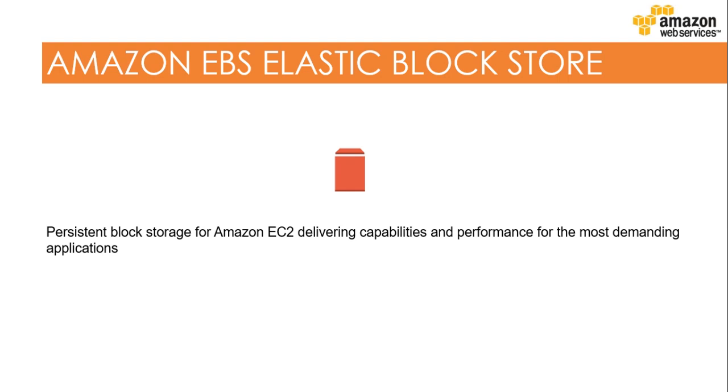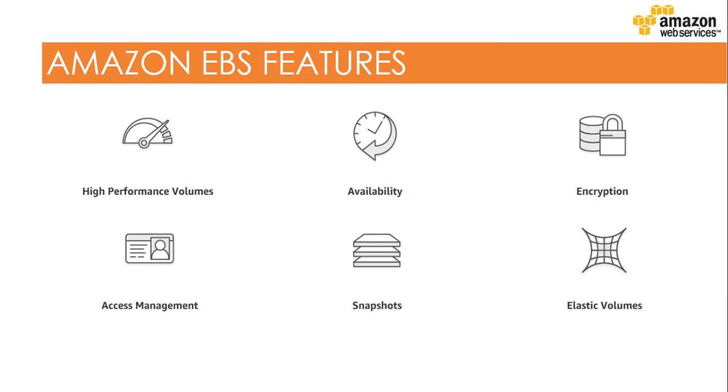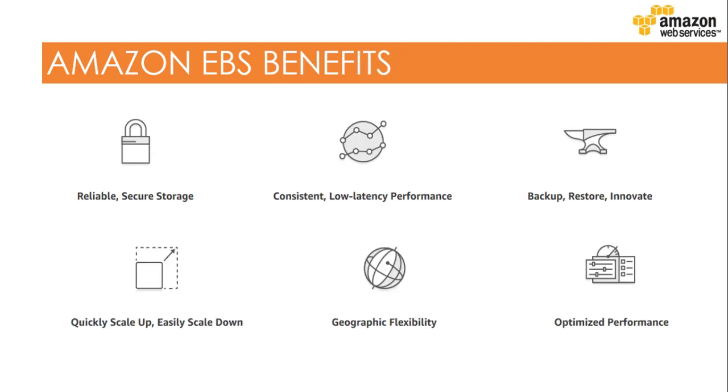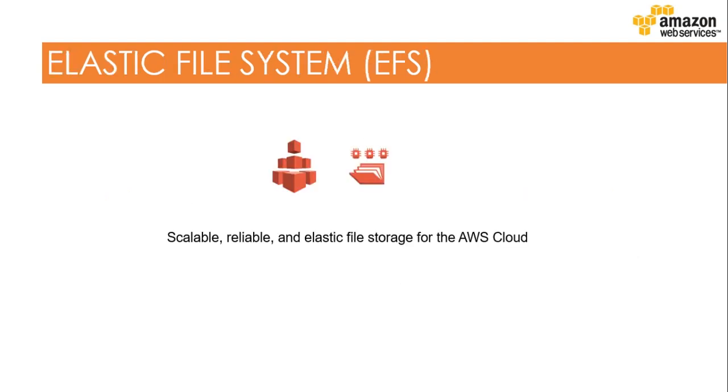Once again, we'll see this in more detail. With EBS we get high performance volumes, availability, encryption, access management, snapshots, and elastic volumes. The benefits of EBS are reliable, secure storage, consistent low latency performance, backup and restore, innovating quickly, scaling up and down easily, geographical flexibility, and optimized performance.